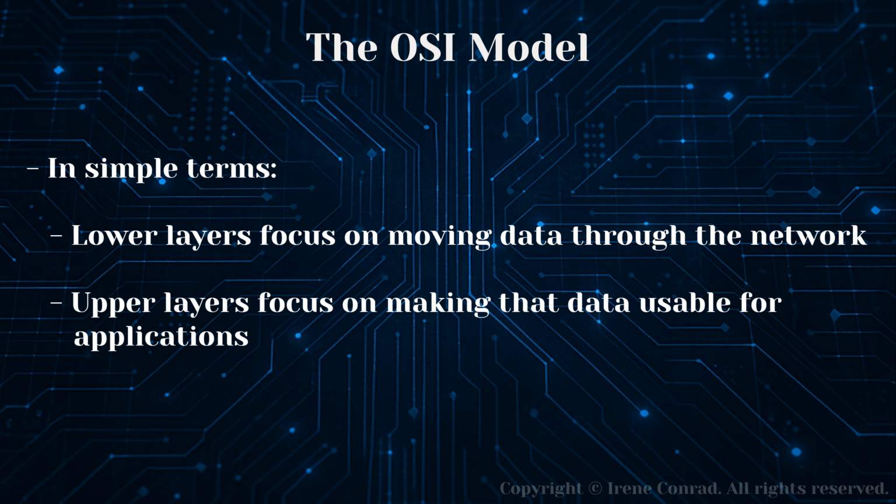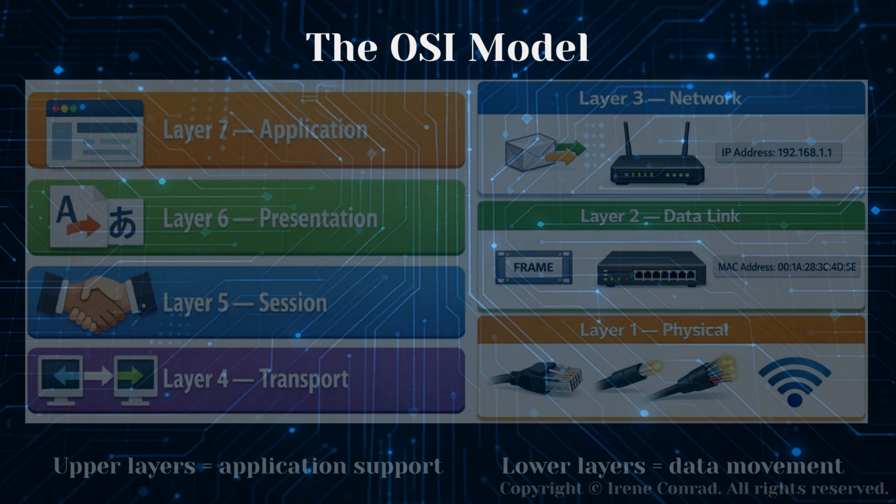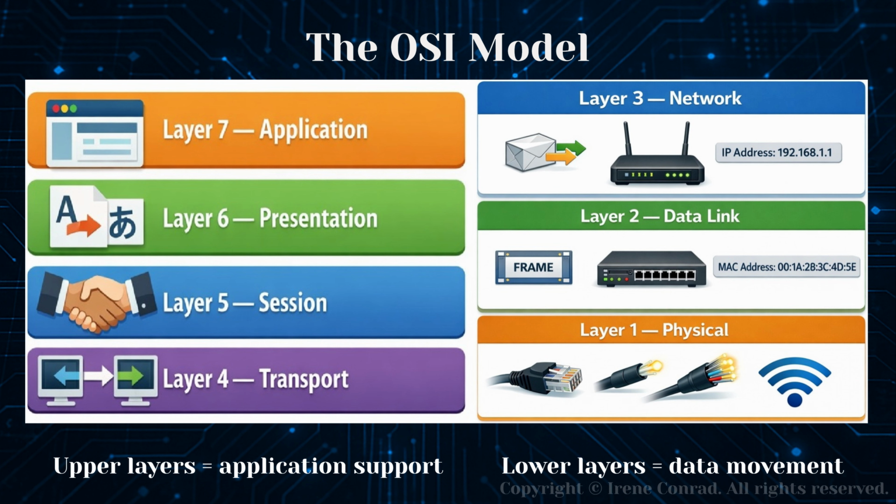So, in simple terms, the lower layers are more about moving data through the network, and the upper layers are more about helping applications use that data meaningfully. You do not have to master every detail right now. At this level, the goal is simply to understand that the OSI model gives us a full, detailed breakdown of network communication.